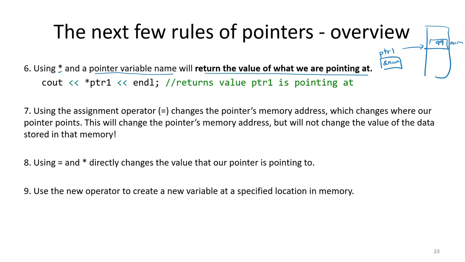If ptr1 is pointing at num, then if I write asterisk ptr1, that will return the value I'm pointing at, which here would return 99, since ptr1 is pointing at num, and num is currently initialized to 99.